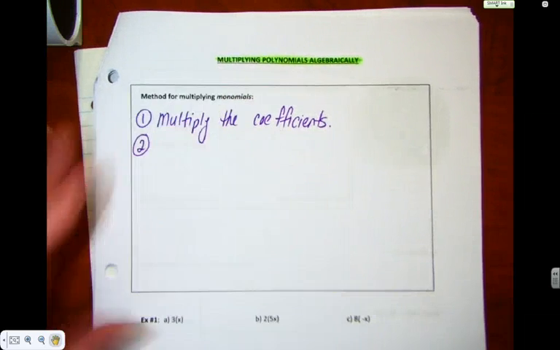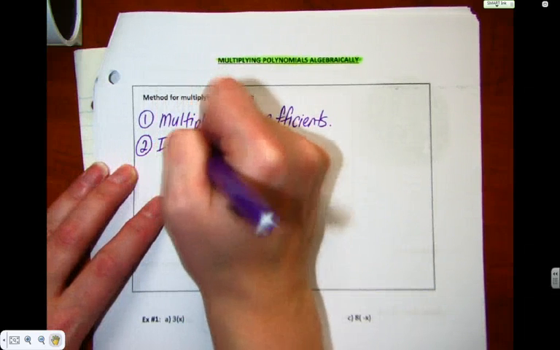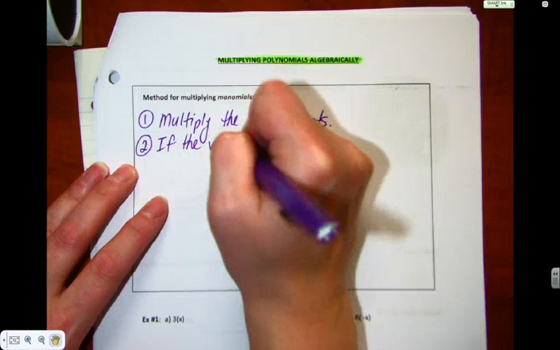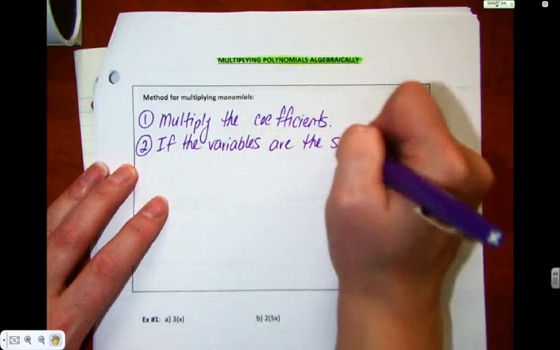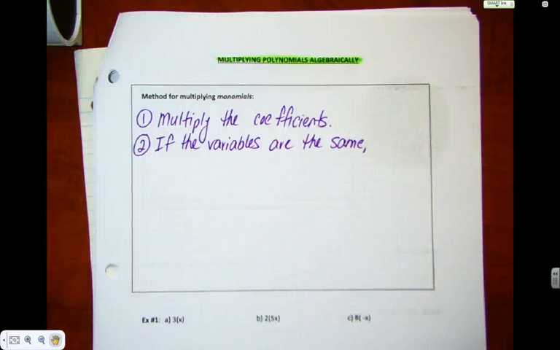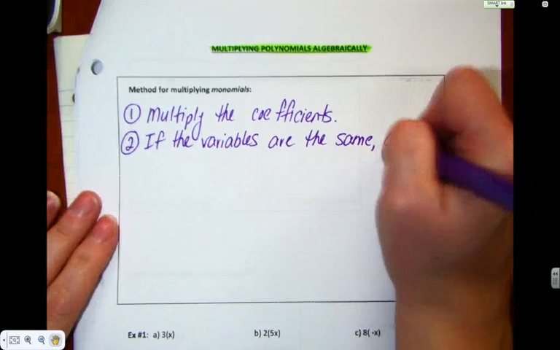Step number 2. If the variables are the same, add their exponents.